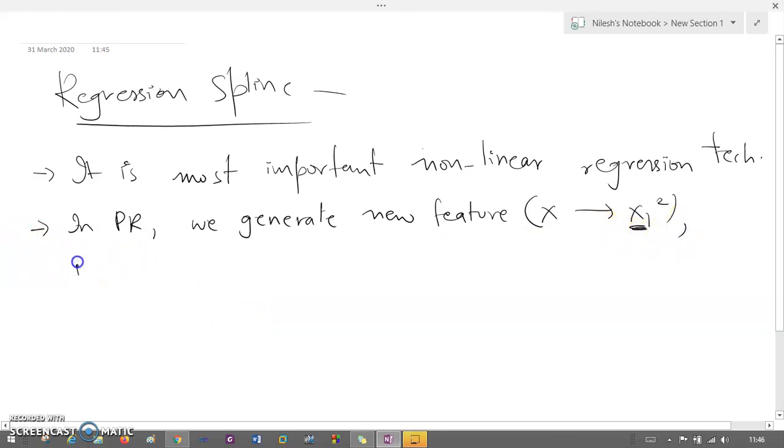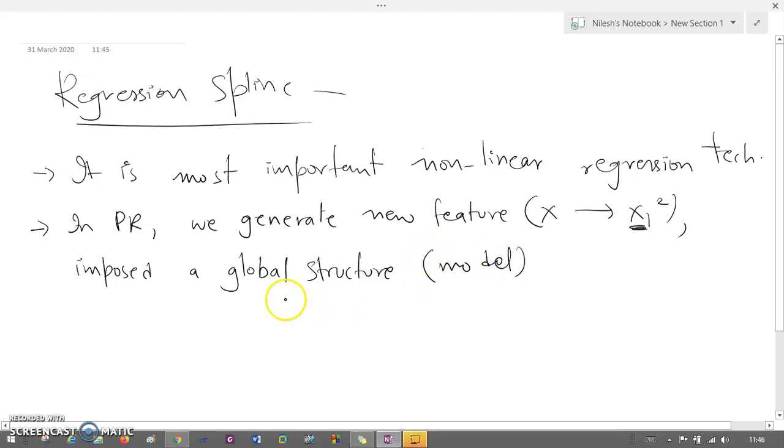So this imposes a global structure, which is nothing but a complete model, on the entire data set.